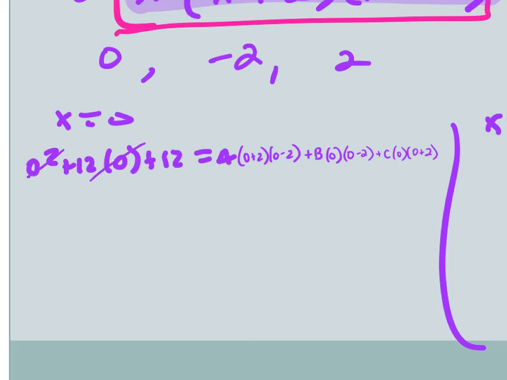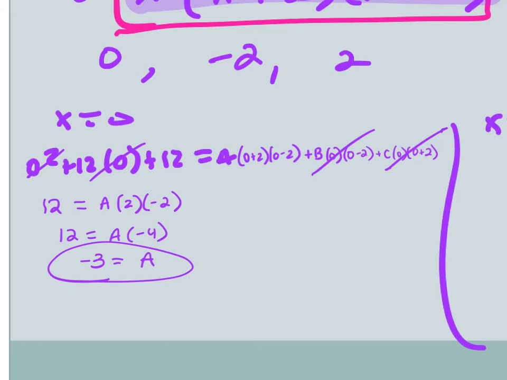So gone, 12 equals A times 2 times -2. B times 0 times -2, gone. C times 0 times 2, gone. 12 equals A times -4, and A equals -3. That's 1.